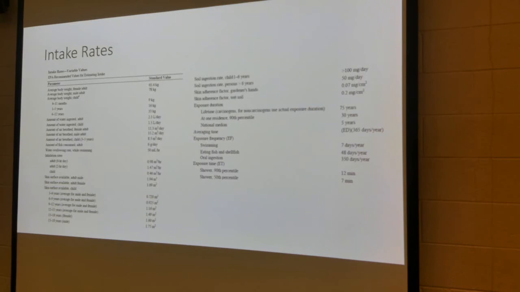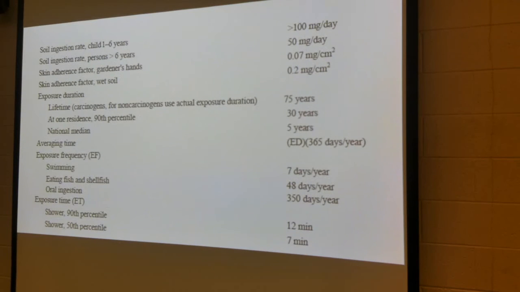But this is all given to you, including some factors such as a year has 365 days. Wow, didn't know that. So you're going to see all these conversion factors and specific exposure factors there. Never try to make that up from your head. They are going to be there on this page.